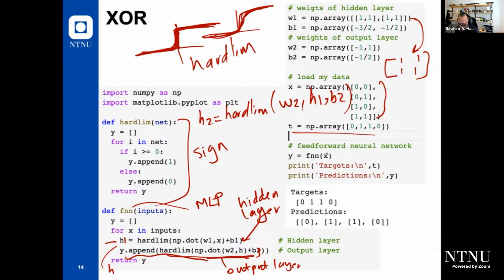Just feed the input to your network and get Y. And after getting Y, you need to calculate accuracy. So the error will be the absolute value of Y minus T, or just count values where Y does not equal T, right? Those are the targets, and those are predictions.